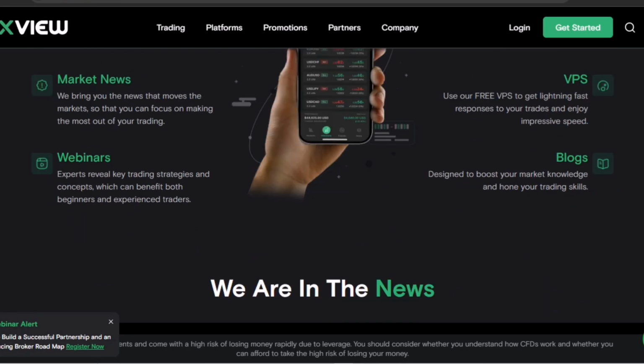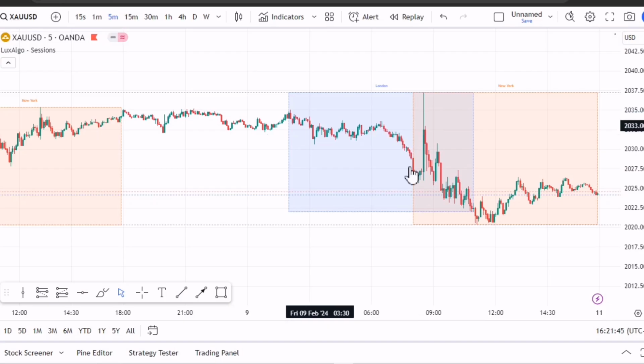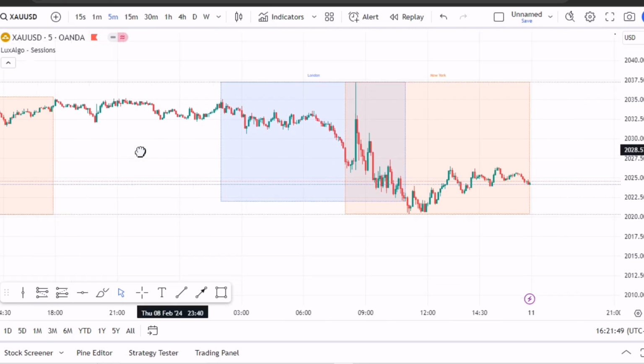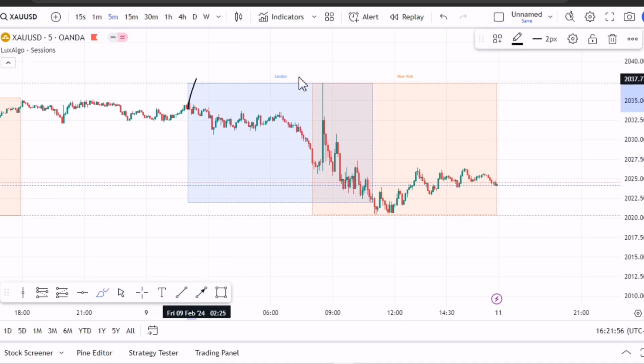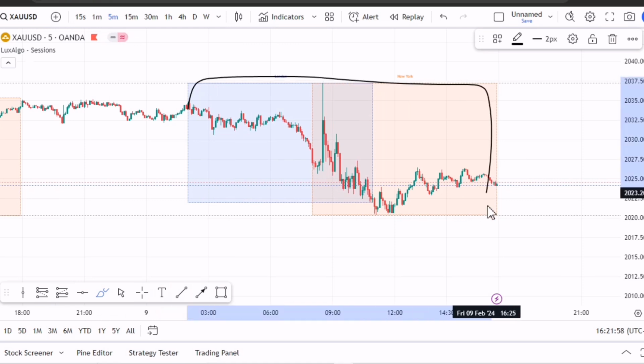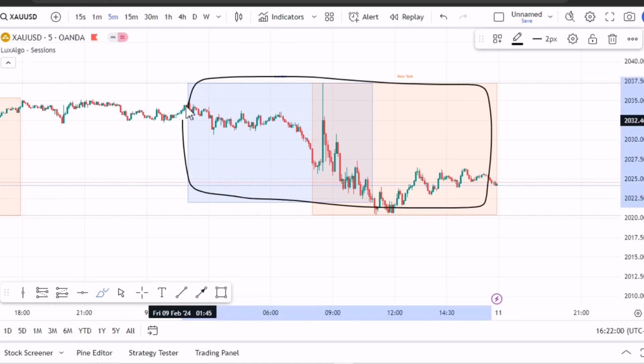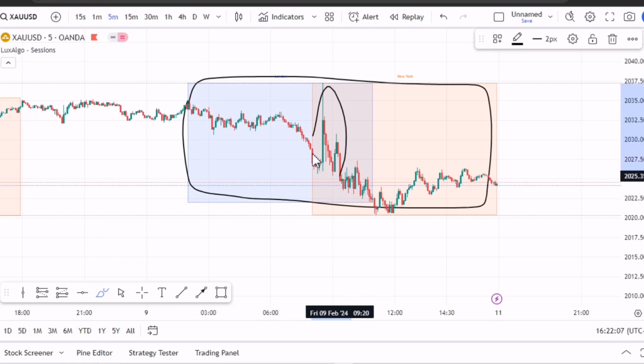Let's just go back to that strategy. This strategy is so simple, traders. Like most of my strategies, what you're going to be observing is the London and the New York sessions, because this is the point where gold makes a move, especially at the opening of the New York session.